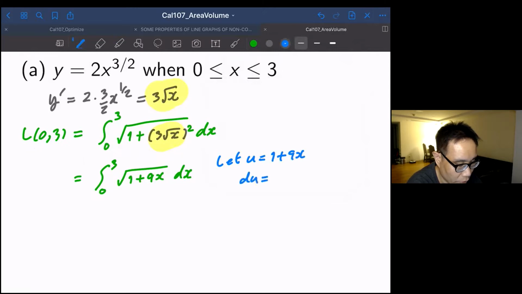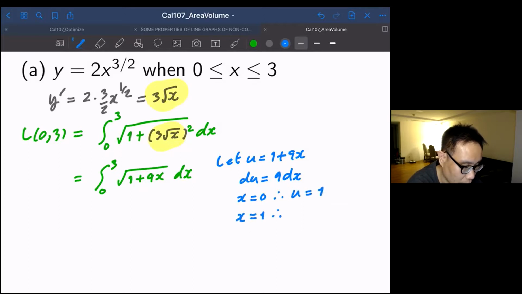So you have du equal to 9 dx. Okay, and when x equals 0, u equals 1; not x equal to 1, x equal to 3, u equal to 28, right?